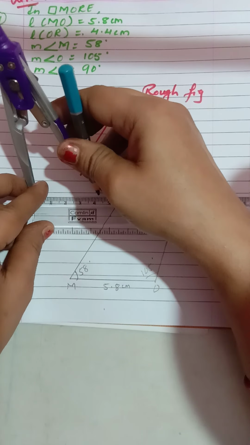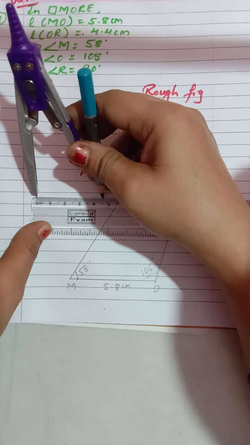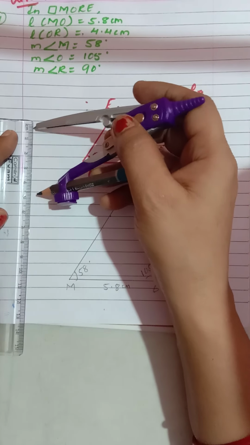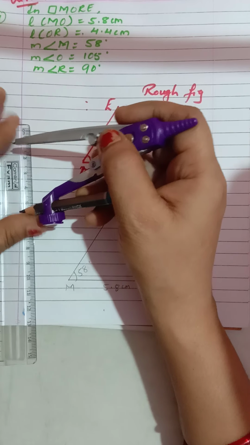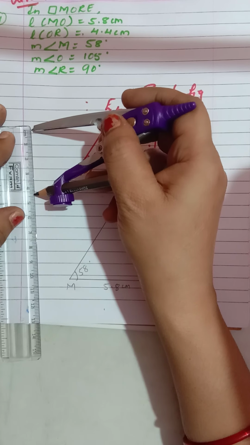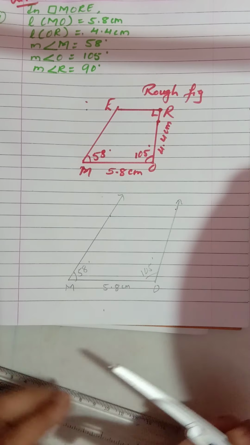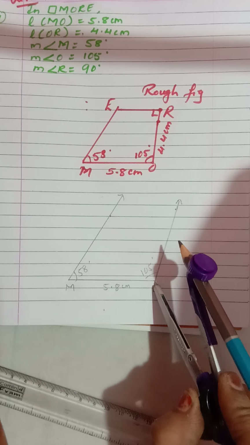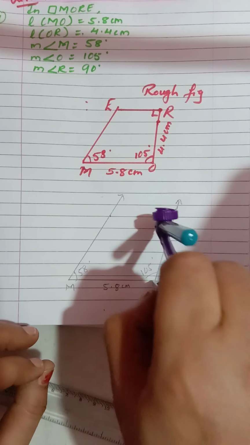Now keeping the endpoint of the rounder at O, you will cut the arc on this arm.